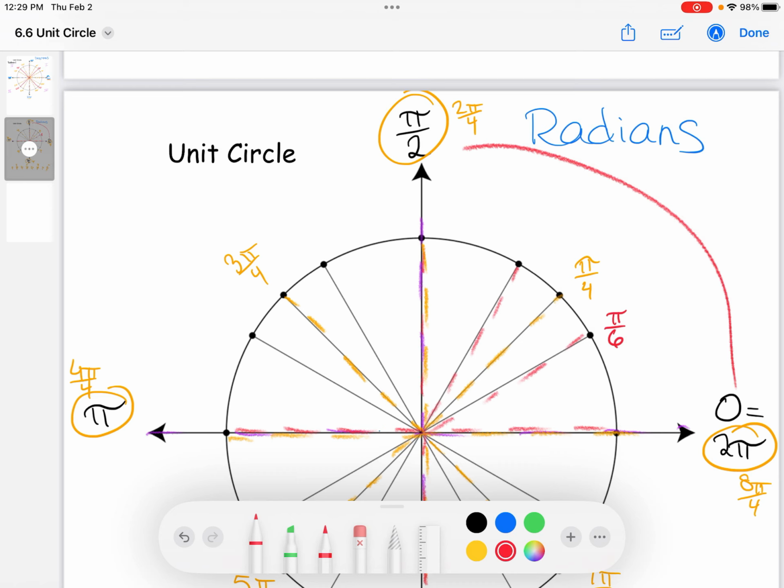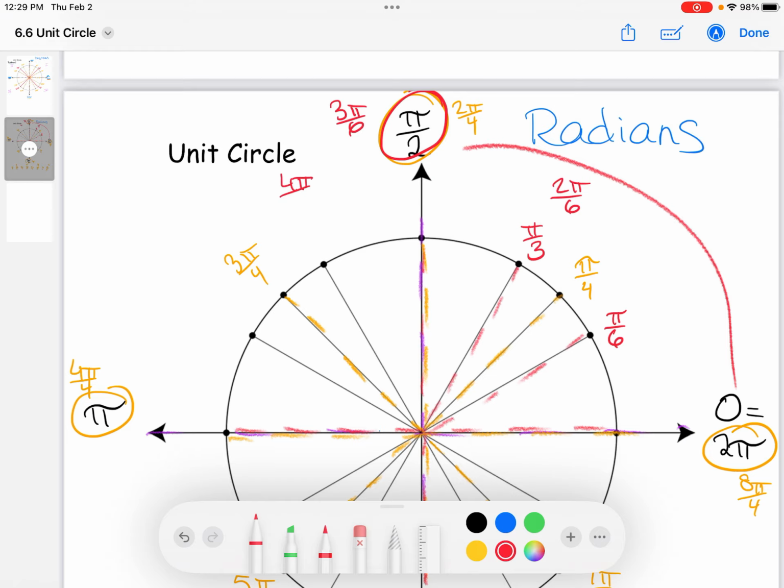Okay, and we'll do the same thing. We'll count by pi over 6, and we'll reduce as we go. So 0, 1 pi over 6. The next would be 2 pi over 6, which becomes pi over 3. Next would be 3 pi over 6, or pi over 2.